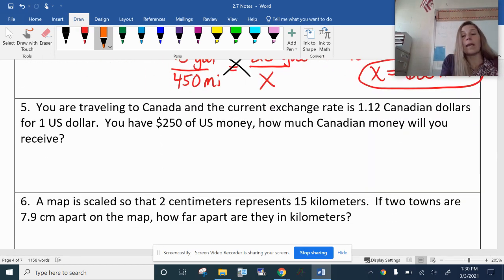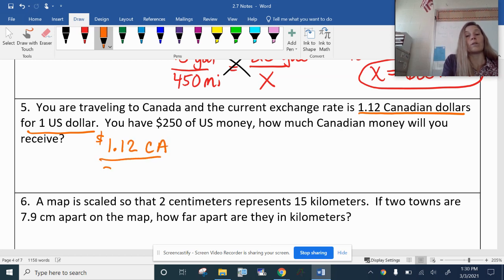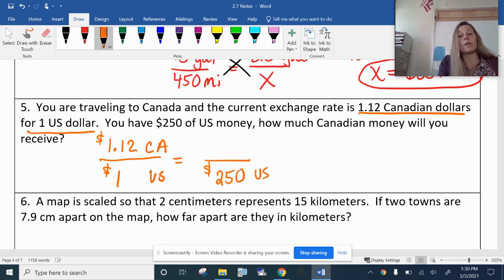Okay, so you're traveling to Canada and the current exchange rate is $1.12 Canadian to $1 US. So this is actually a unit rate, $1.12 Canadian to $1 of US. If you have $250 in US money, I have to put that on the bottom since US was on the bottom over here.